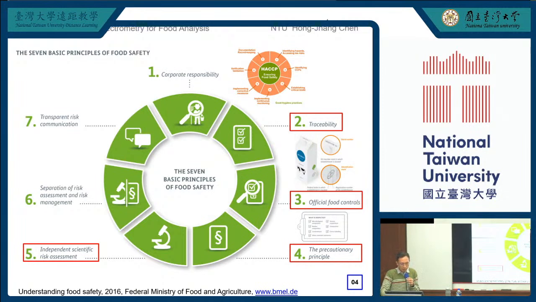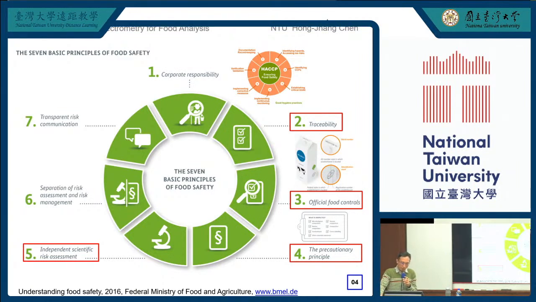And this one is independent scientific risk assessment. For risk assessment, we need to know the exposure, of course, the level or the amount of the contaminant in food or in our body. So we have the exposure data, then we can calculate the risk assessment.